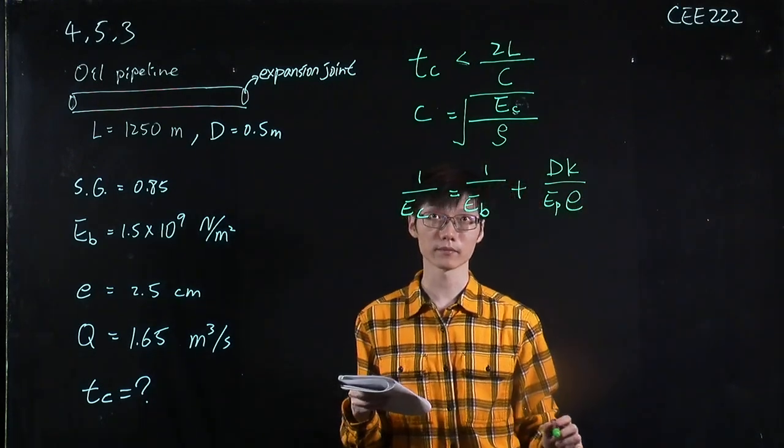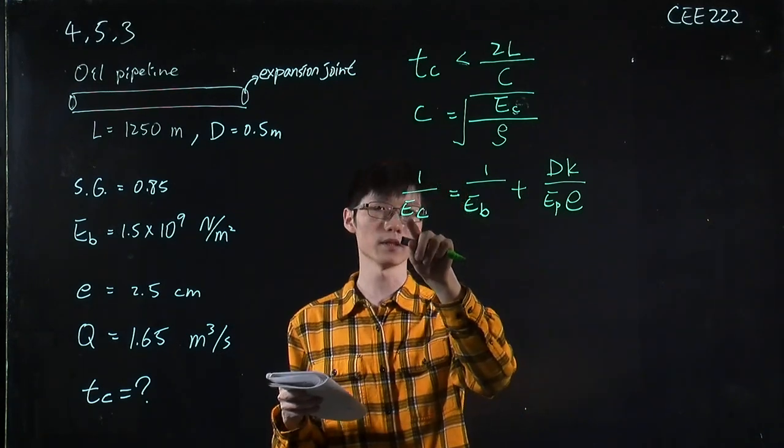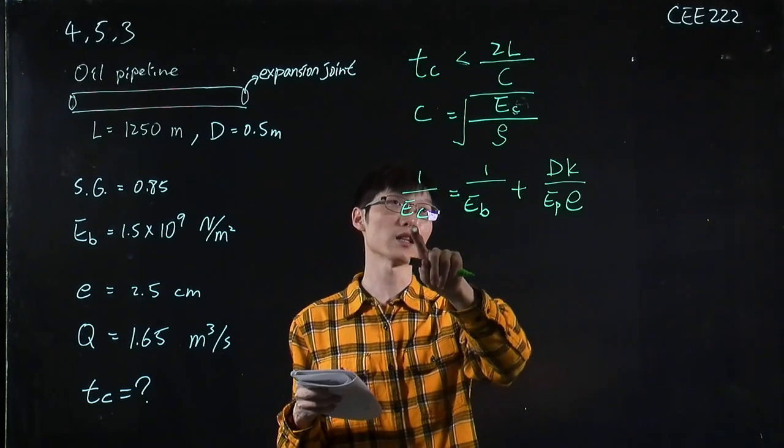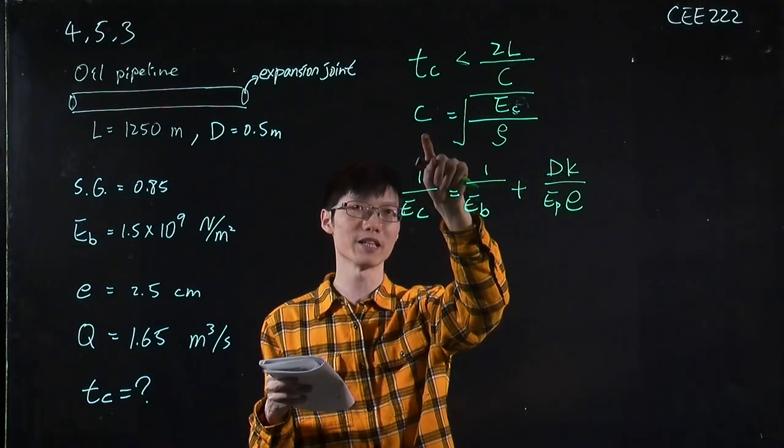Okay, so we can use this equation to solve for the EC, then we plug this EC into this equation, which we can solve for the speed of the pressure wave.